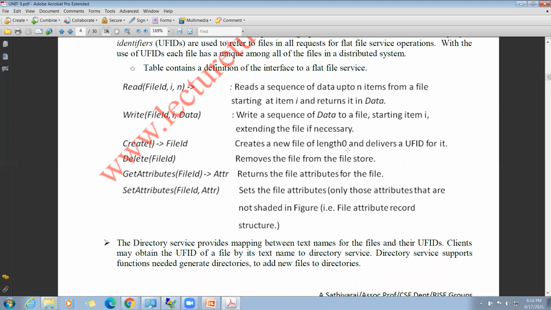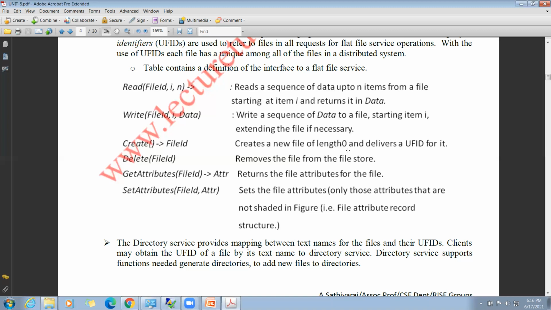For every created file, one UFID will be generated. Next, delete: this will remove the file from the file store. Get attributes returns the file attributes for the file.